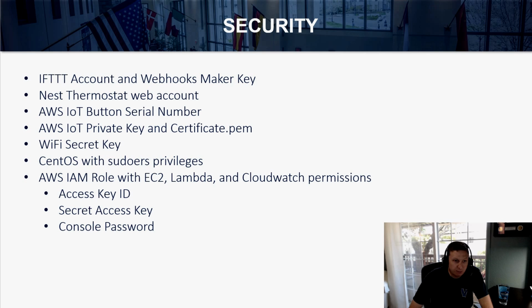It can be the same account, but that account needs access to be able to use AWS's SDK, Software Development Kit, to perform actions inside of Linux to talk to your AWS console. So for that, you'll have a secret access key, as well as a console password if you need to get into the console with that. So like I said, you want to never share any of this information.